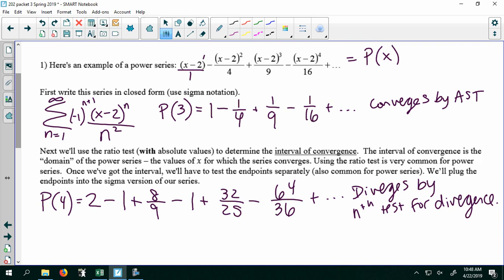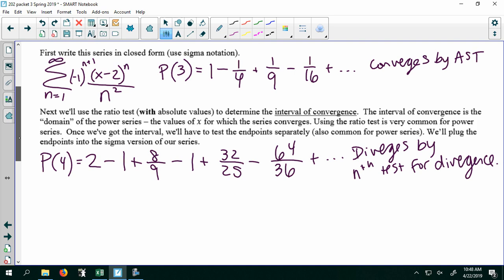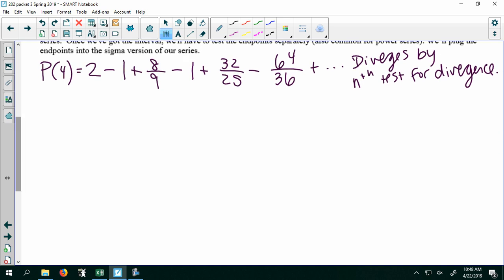The interval of convergence is an interval of x values for which your series converges. It's going to give me a whole range of x values that will make this converge. So we start with the ratio test, and the ratio test is done by calculating a value L, which is the limit as n goes to infinity of the absolute value of the n plus first term over the nth term.